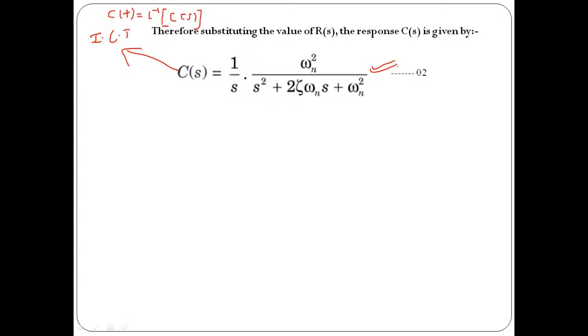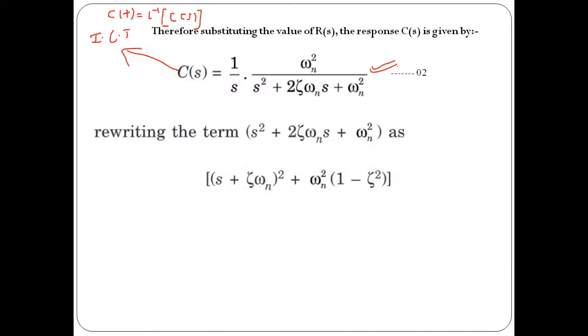So what we need to do, we need to first convert them into some standard form. So rewriting the term like this, s plus zeta omega n whole square plus omega n square in bracket 1 minus zeta square. Yes, we can write this. The thing is that take pen paper, try to rearrange the term, you will get this.